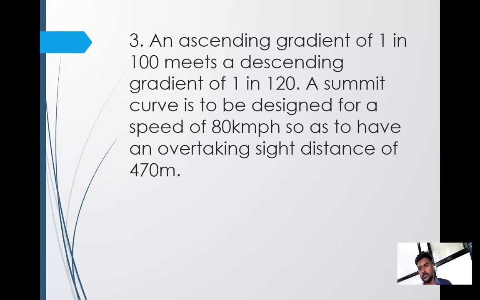A summit curve is to be designed for the speed of 80 km/h so as to have an overtaking sight distance of 470 meters. Now we have to go with the formula regarding OSD because in the problem itself we have directly been given the overtaking sight distance. We need not calculate OSD. Only we have to calculate length of summit curve.